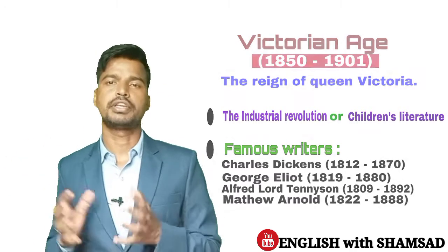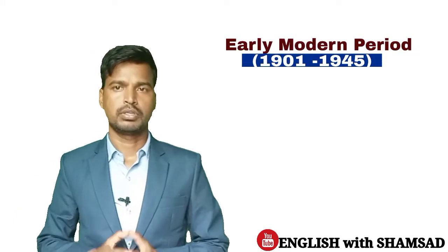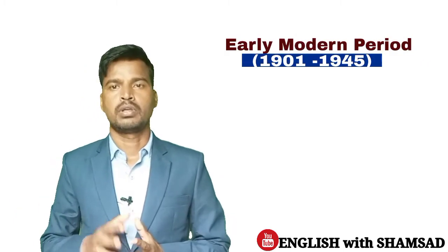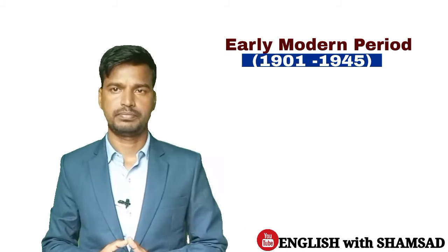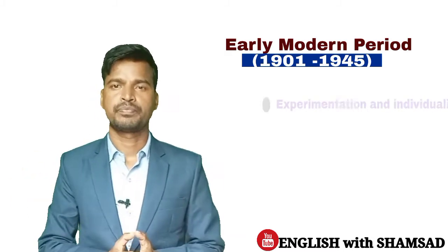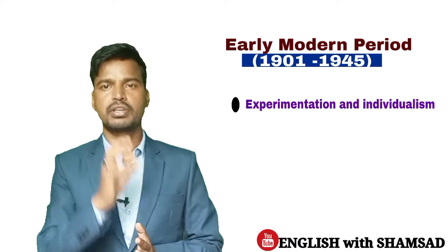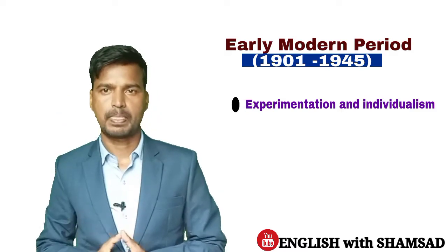Let's talk about the next age of English literature, that is modern period. You can say early modern period. Time duration is 1901 to 1945. This age is known for experimentation and individualism.